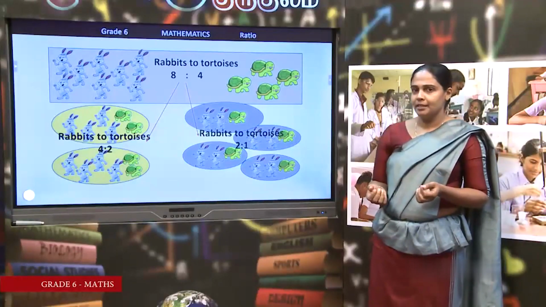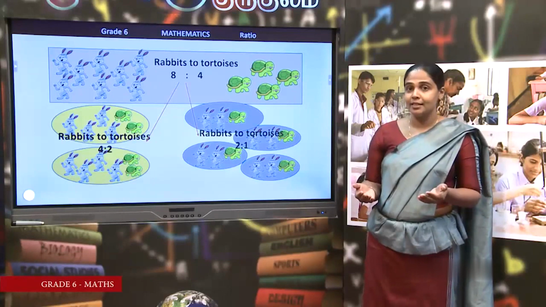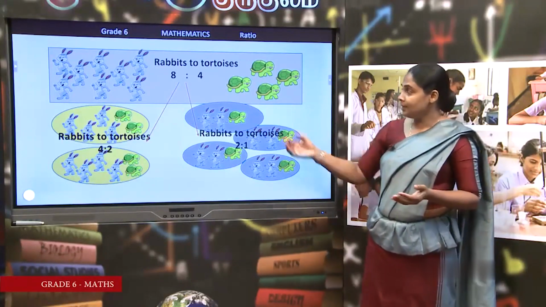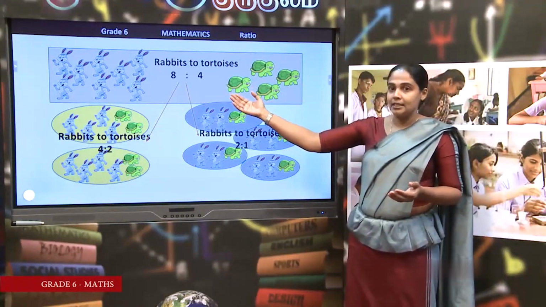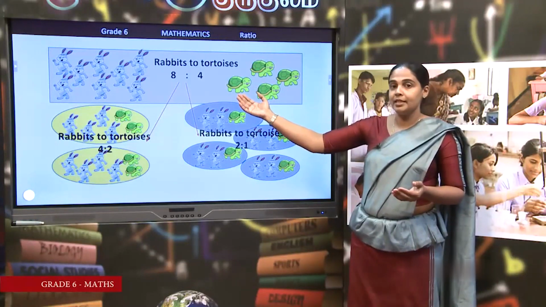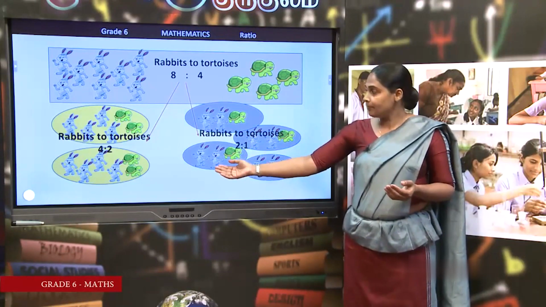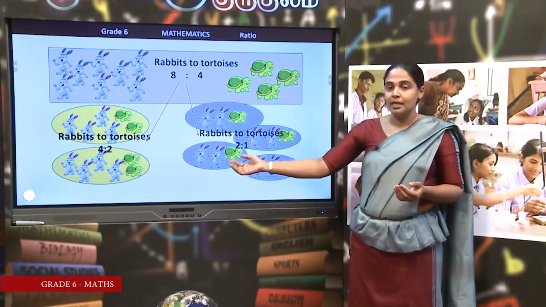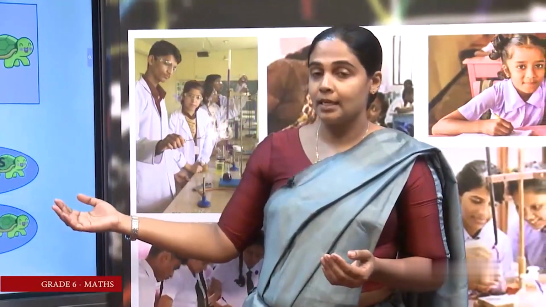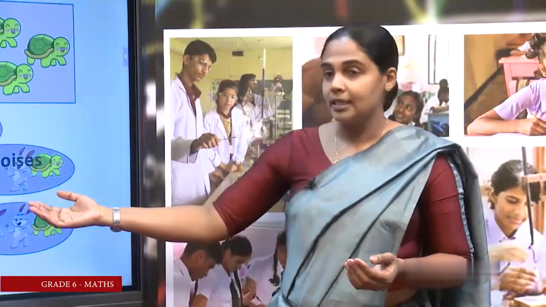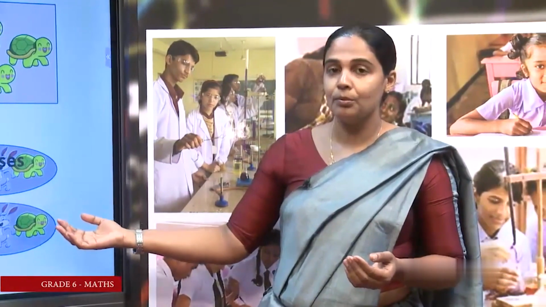What happened? We wrote equivalent ratios. Initially we had 8:4. We divided it into 2 groups. Then the ratio is 4 to 2. Again we divided them into 4 equal groups. Now what is the ratio? It is 2 to 1. Then what are they? We wrote equivalent ratios.